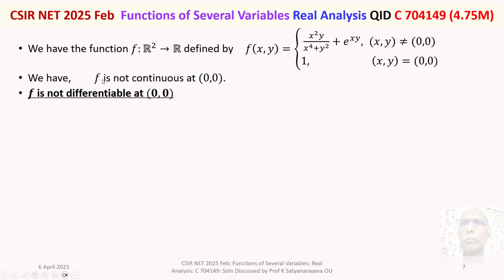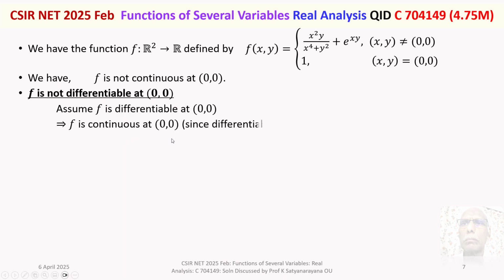We have shown already f is not continuous at the origin. Now, we claim f is not differentiable at 0, 0. Assume f is differentiable at 0, 0. This will imply f is continuous at 0, 0. Why? Differentiability always implies continuity.